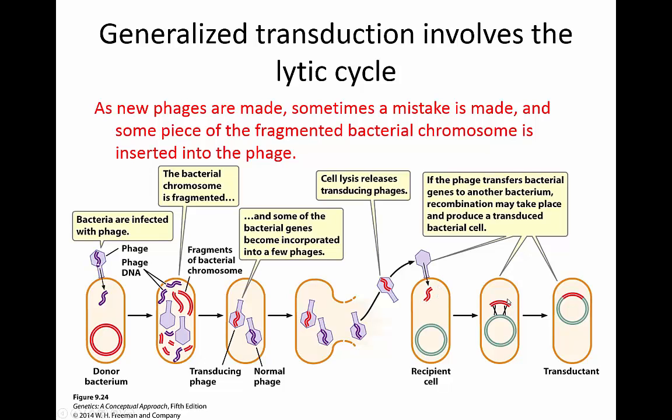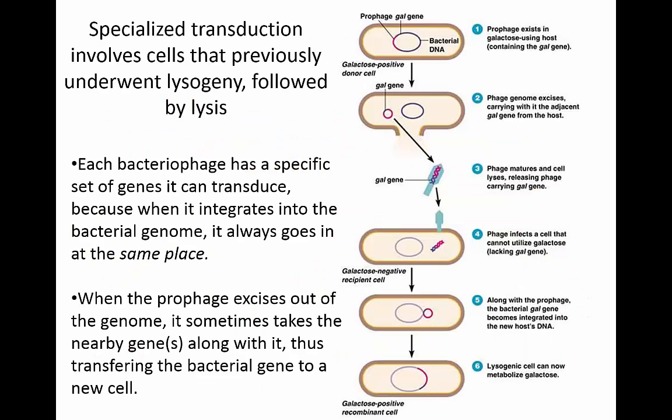That piece can then undergo recombination, and you can get sharing of bacterial genes in this manner. This is called generalized transduction because any part of that bacterial genome can be mistakenly inserted into the phage head. In contrast, specialized transduction involves cells that previously underwent lysogeny followed by lysis.